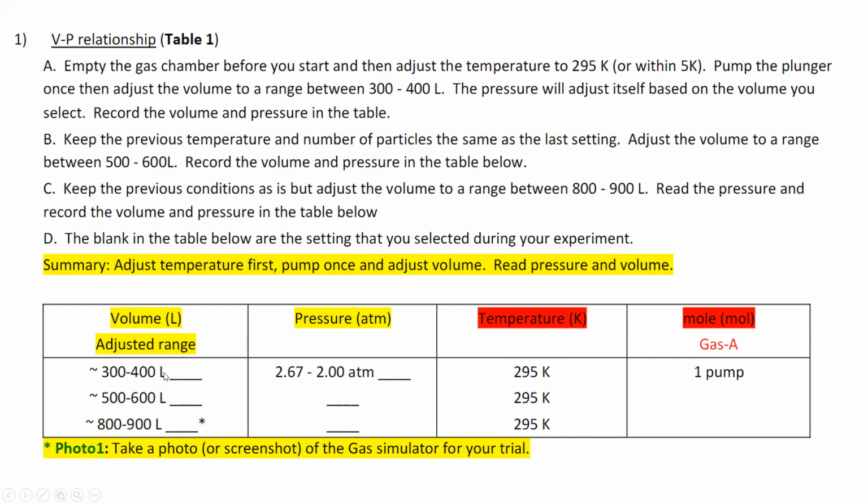I would write the exact volume that I had. Remember, I was just trying to hit this range, and then write the exact pressure associated with that. And don't forget to take a screenshot of the gas simulator for using the last volume range.